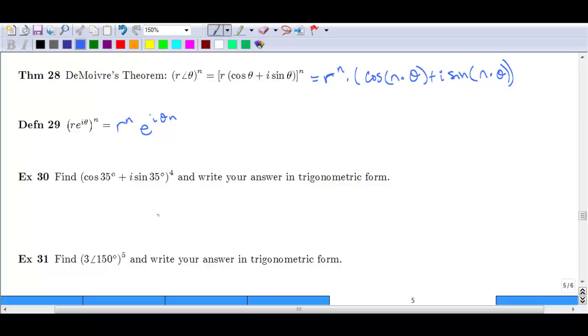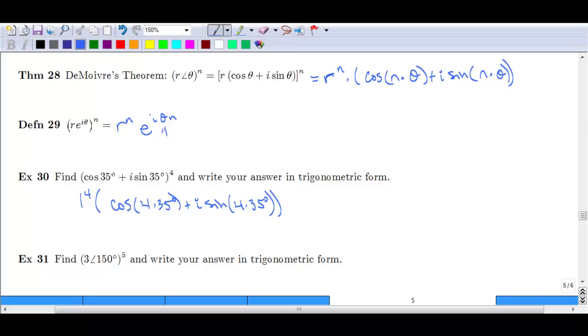First example here is in trig form. Our radius here is just 1 in this case, so we end up with 1 to the fourth times the cosine of 4 times 35 plus i times the sine of 4 times 35. You can see here how this is going to be a case where we're really going to have to pay attention to this angle.